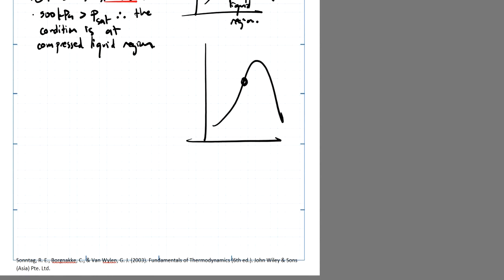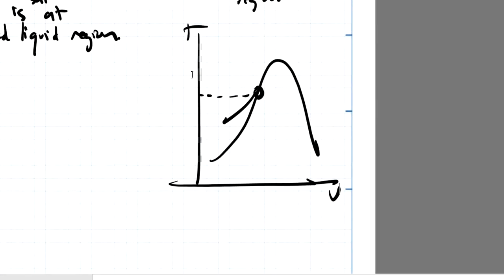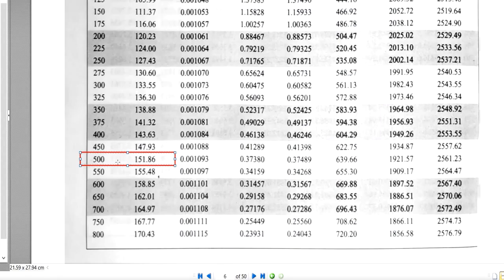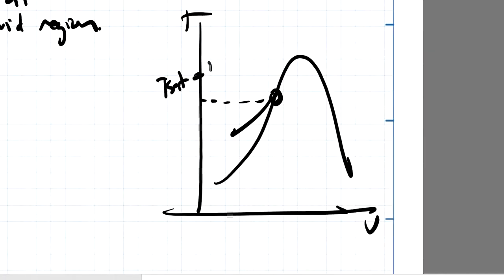If we use the temperature-volume diagram, the T sat here must be 151.86. However, our given value is 120, so it's somewhere lower.